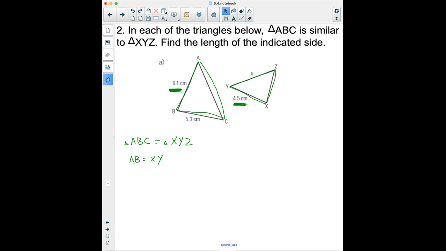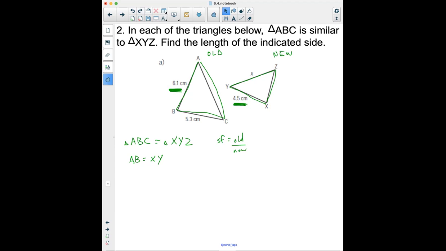Okay, so we're going to call this one over here an old one, and the one on the right is going to be a new. Okay, and our scale factor is old divided by new.